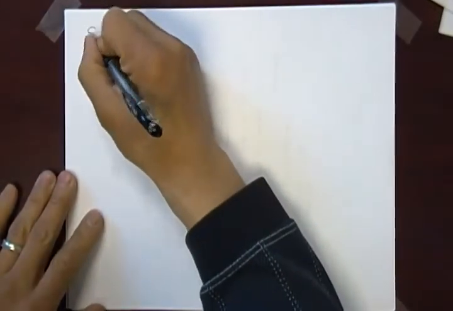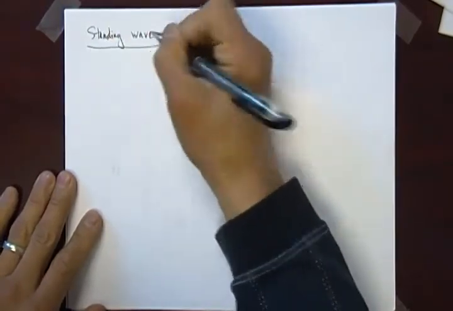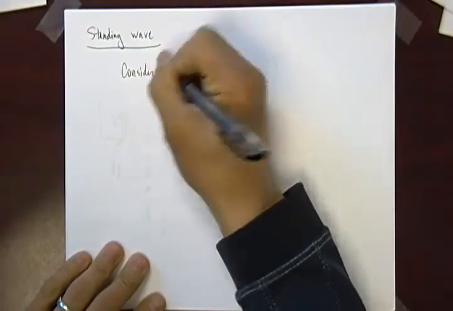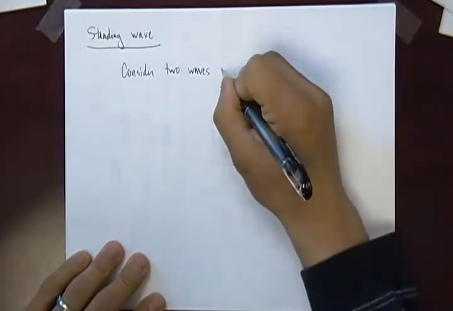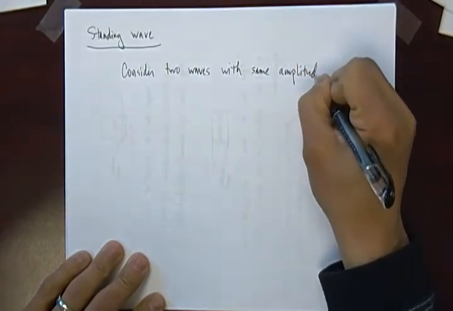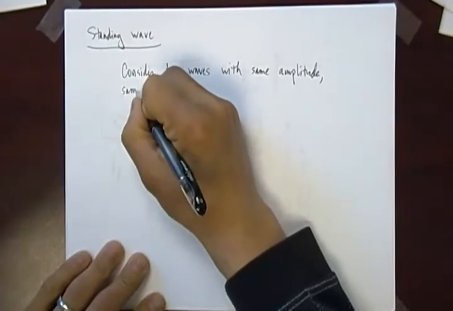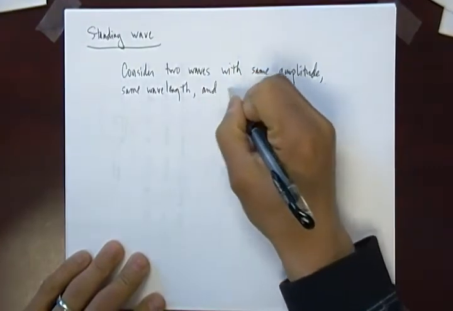Otherwise, let's go on to the next topic, which is a standing wave. This is a little subtle, but let's consider two waves with the same amplitude, same wavelength, and same period.